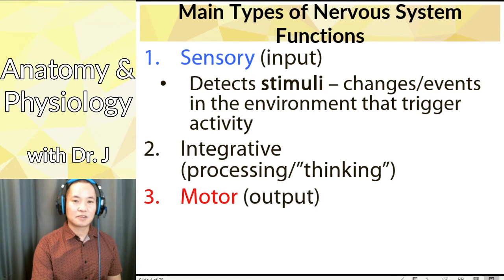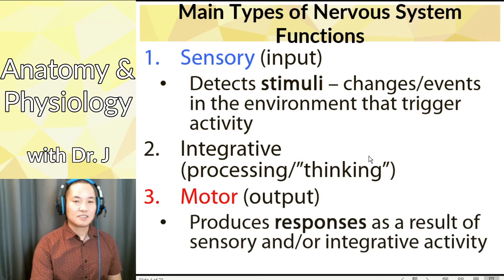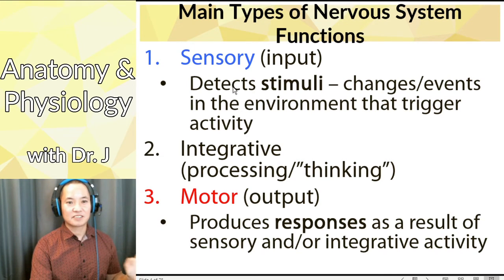And then you have motor, or your output. So these are responses. Okay, so now you've got all these signals from your external environment or your internal environment. Say you're hungry, and you ask, am I really hungry? And for your motor output, maybe you want to make a sandwich, or maybe you want to go out to eat.